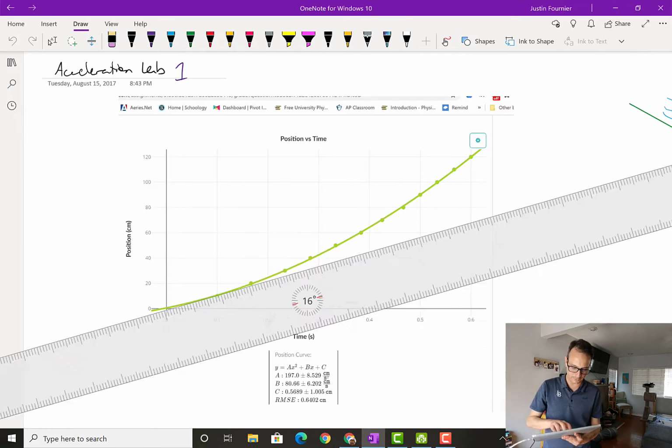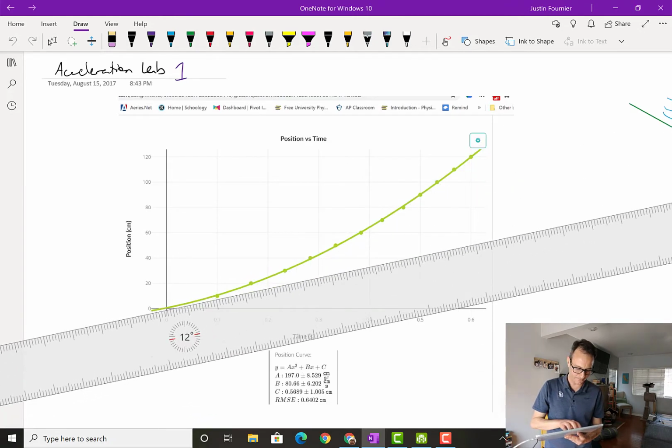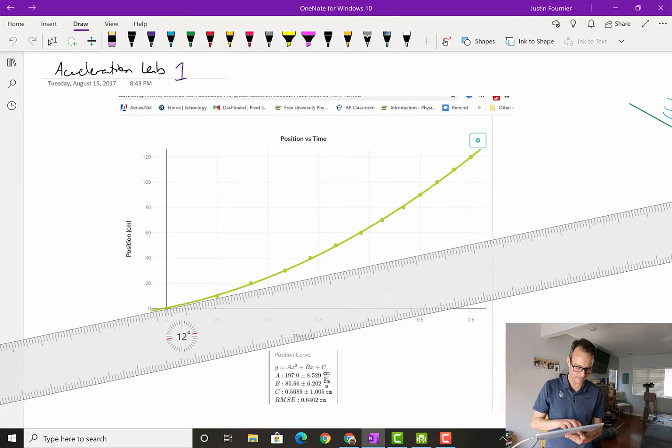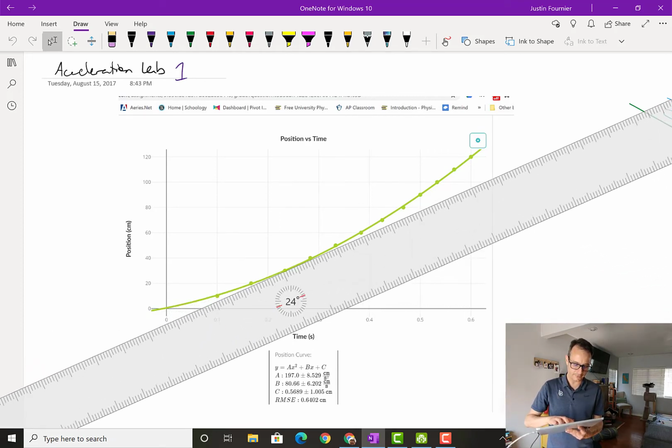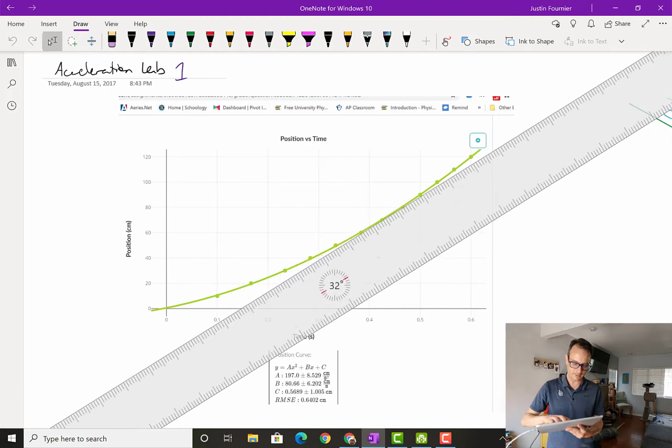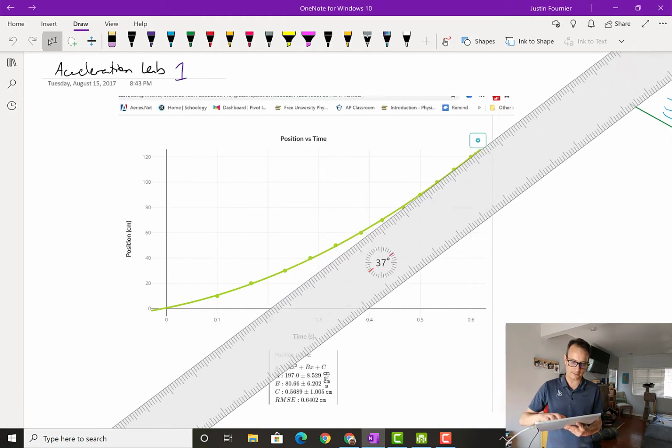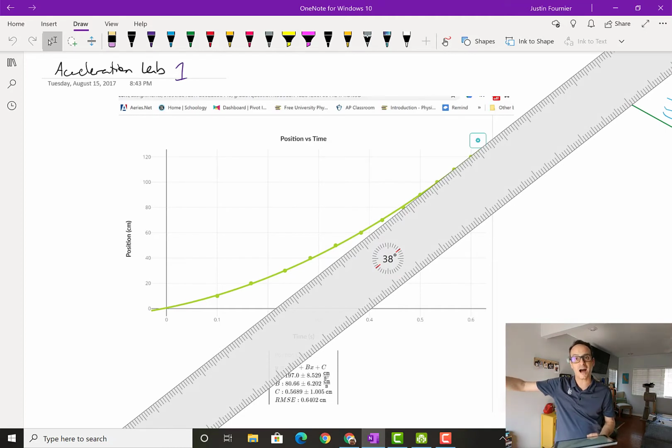I can do similar things with a ruler here. You can see that the slope at the beginning is a value, but it's small compared to later, as I keep moving, the slope keeps getting steeper and steeper. As time is going on, remember, the slope of a position time graph is the velocity. So as time goes on, the velocity is increasing.